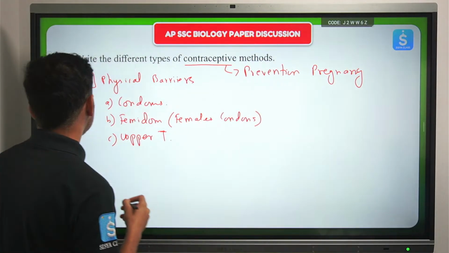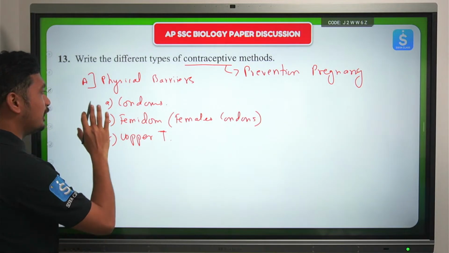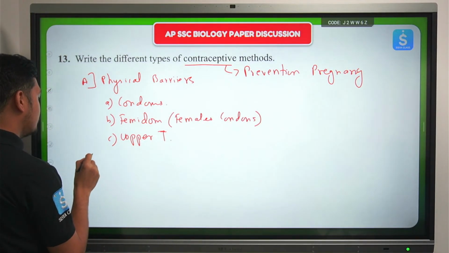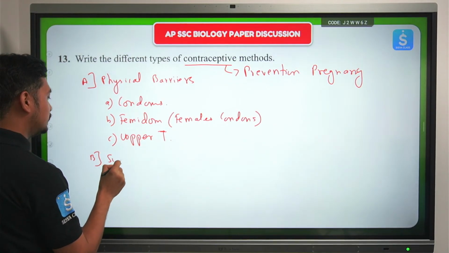These 3 points will be enough if you explain them elaborately in physical barriers. Then we have point B, which is called surgical methods.